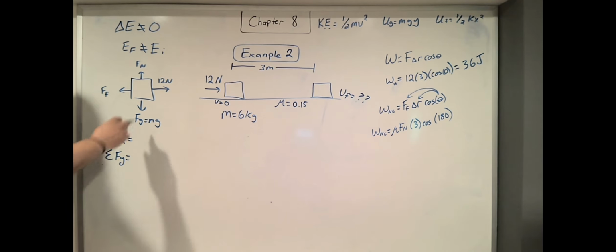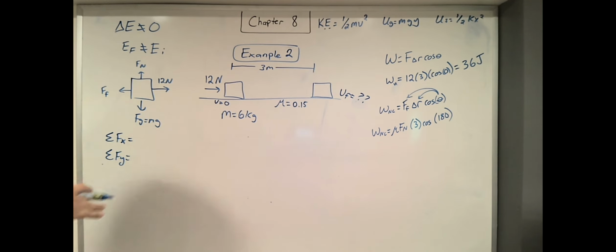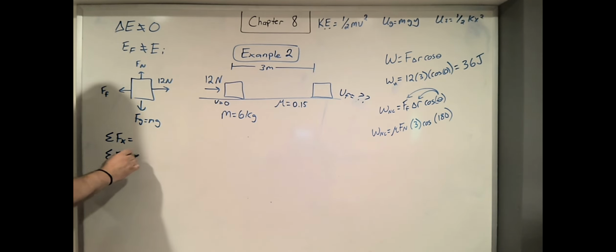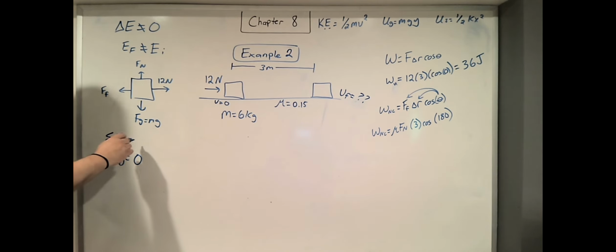And we see what's going on. In the y direction is my normal force. Okay. And I ask myself the same questions as I usually do. Is the box jumping up and down in the y direction? And the answer is no. Do I care what's going on in the x direction? Not so much.